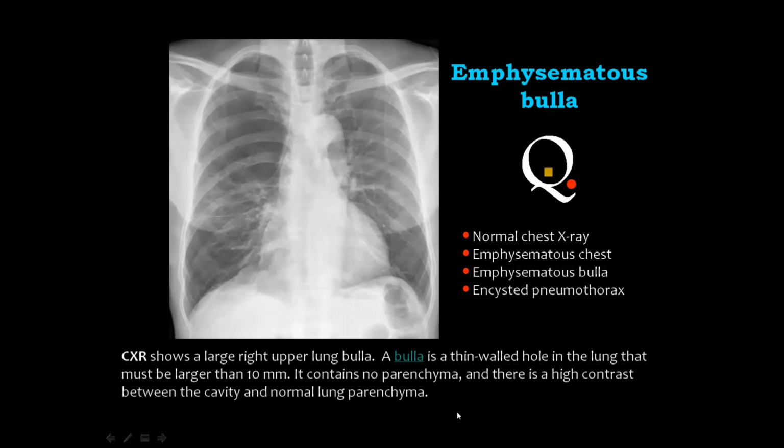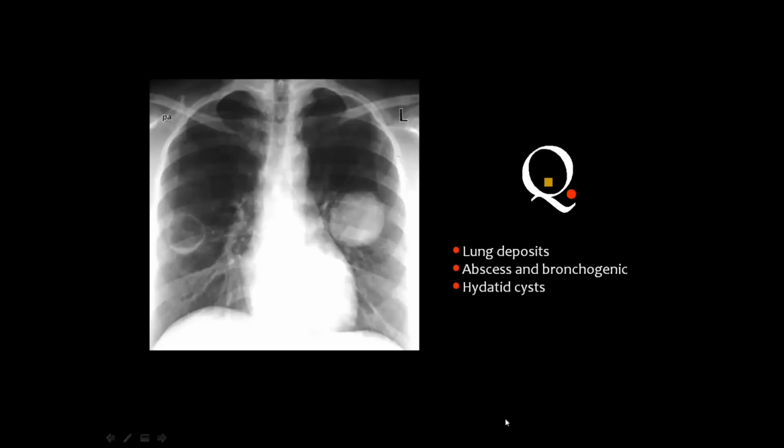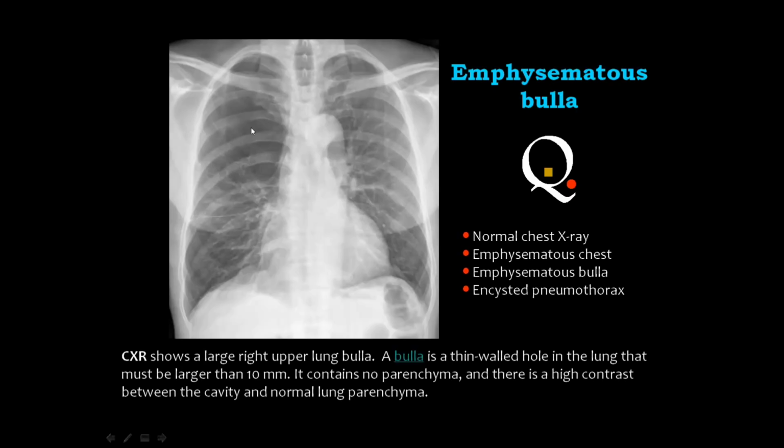Actually, in the case of massive effusion, evaluation by ultrasound is possible, and this is a very good idea to save the radiation for the CT scan. And I think whenever you diagnose the underlying malignancy, you will need the help of CT for staging. This case is emphysematous bulla, as you can see.